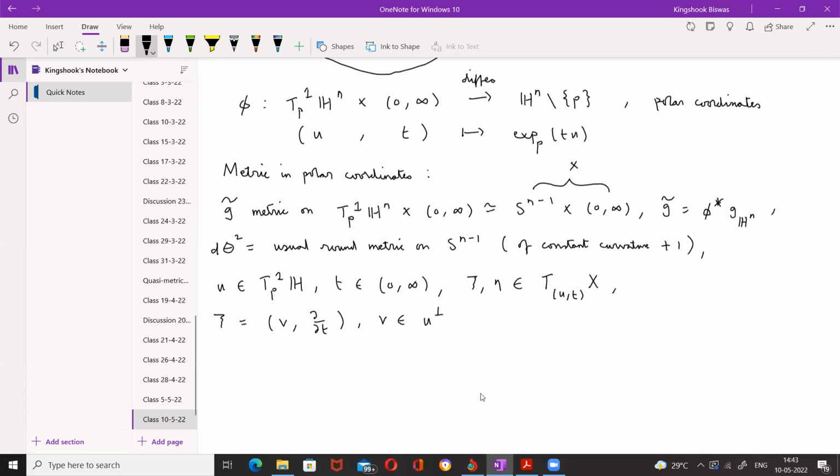Because it's the tangent space of the unit tangent sphere cross the tangent space of 0 infinity. So the tangent space of the unit tangent sphere at u is u perp. This is the tangent space at u of TP1 HN.